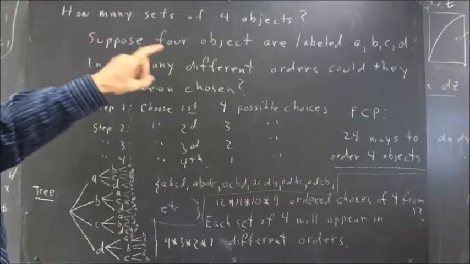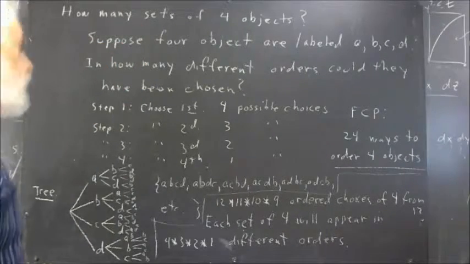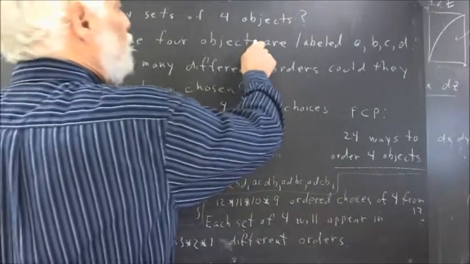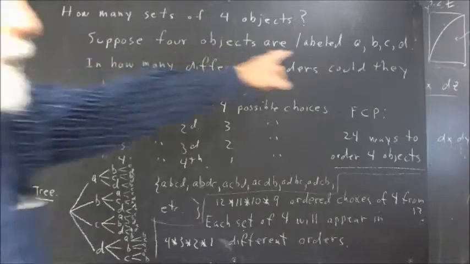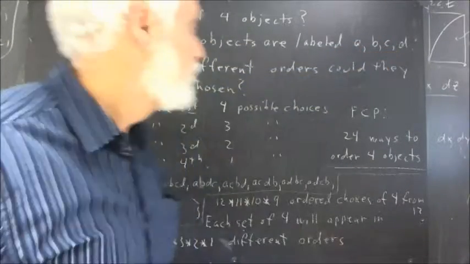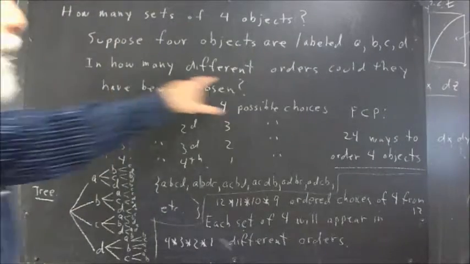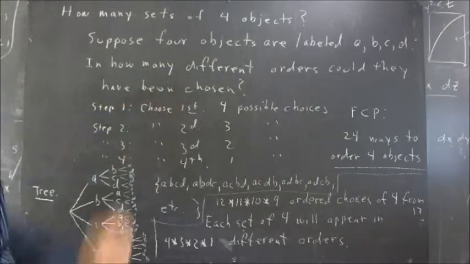Okay? So suppose our 4 objects are labeled A, B, C, and D. Then, in how many different orders could the objects A, B, C, and D have been chosen?